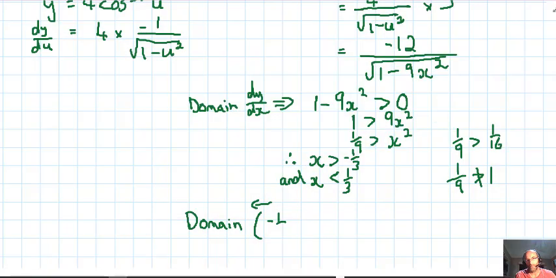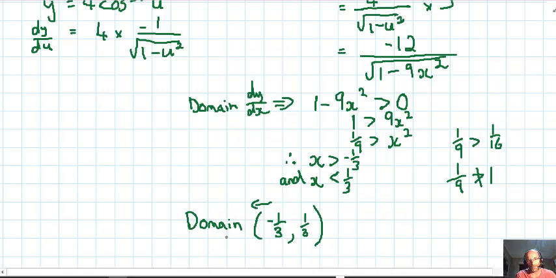Excuse me, hope I didn't startle anyone there. So the domain, I should say x is an element of the set from negative a third up to a third, but that excludes those values of negative a third and a third.